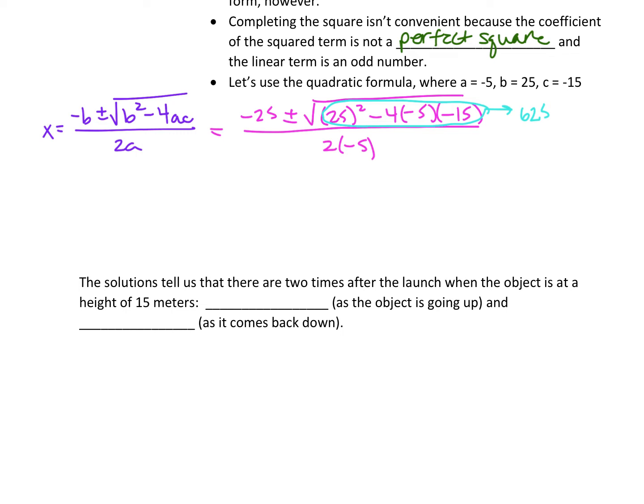If I were to cover up the 25 squared, this is just three numbers multiplied together. It's a negative 4 times a negative 5 times a negative 15. So negative 4 times negative 5 times negative 15 is a negative 300. Because that's a negative 300, I'm going to put minus 300 right there. If that was a positive 300, I would have put plus. And then what is 625 minus 300? We get 325.